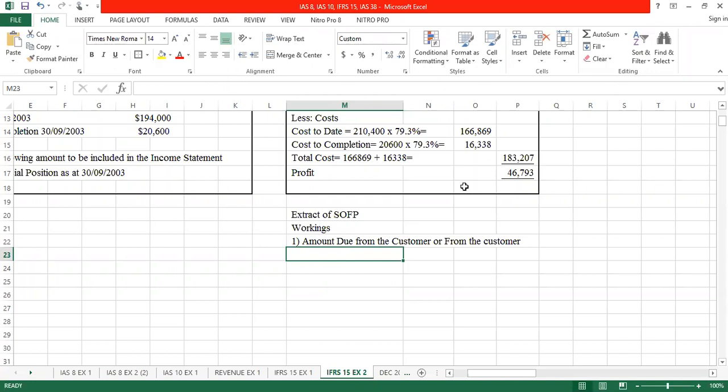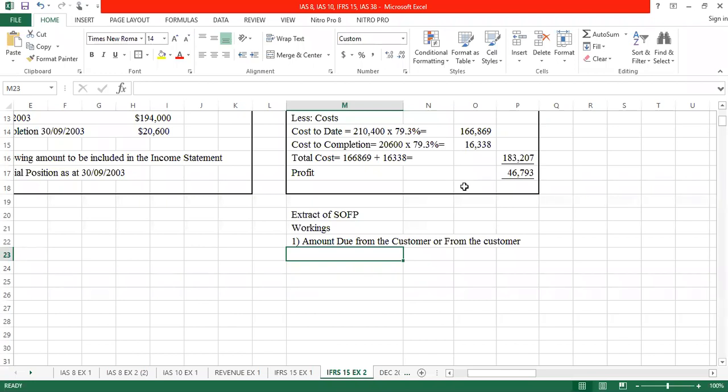Why are profits not equal using the two methods? There are different methods. That is why I've said if the examiner has not specified, you use work certified, because the two methods can give you different answers.